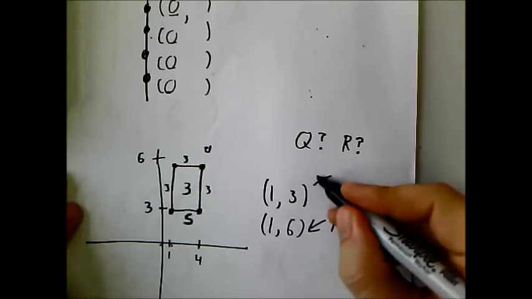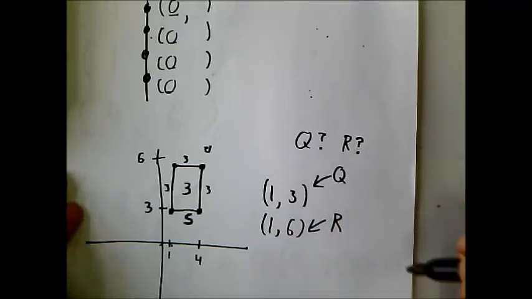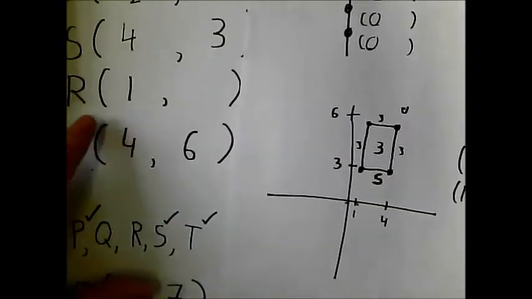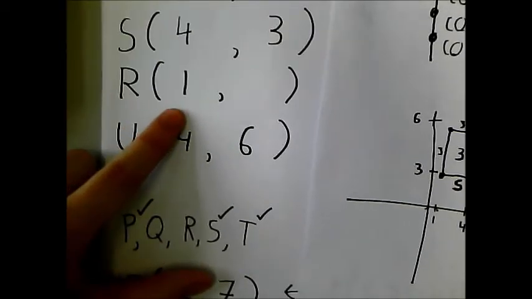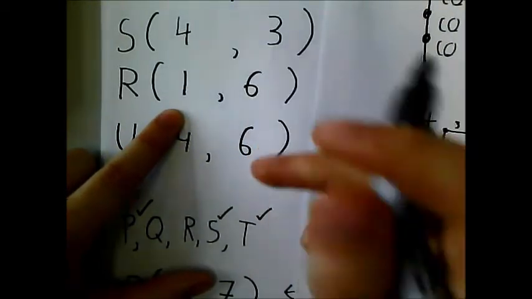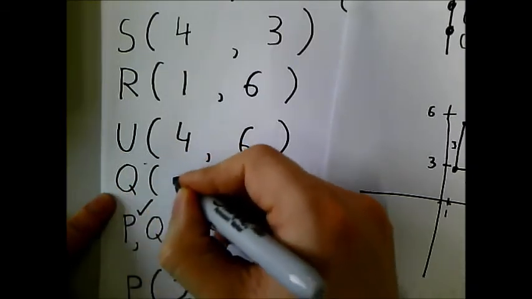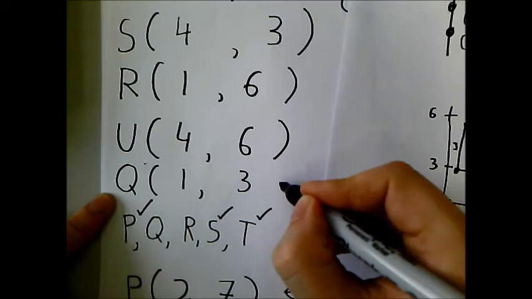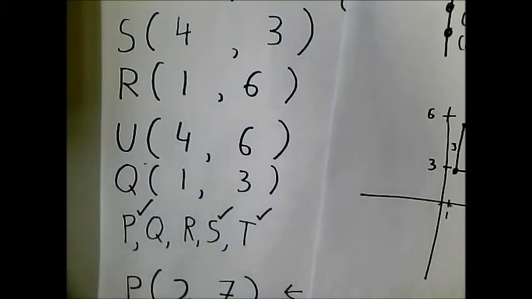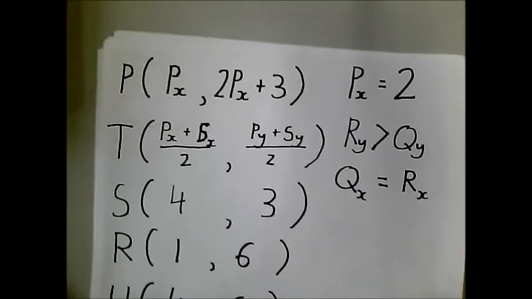So this one is R, and this one is Q. So let's put those in now. R needs to be 1, 6, and Q has to be 1, 3. And that is all the coordinates.